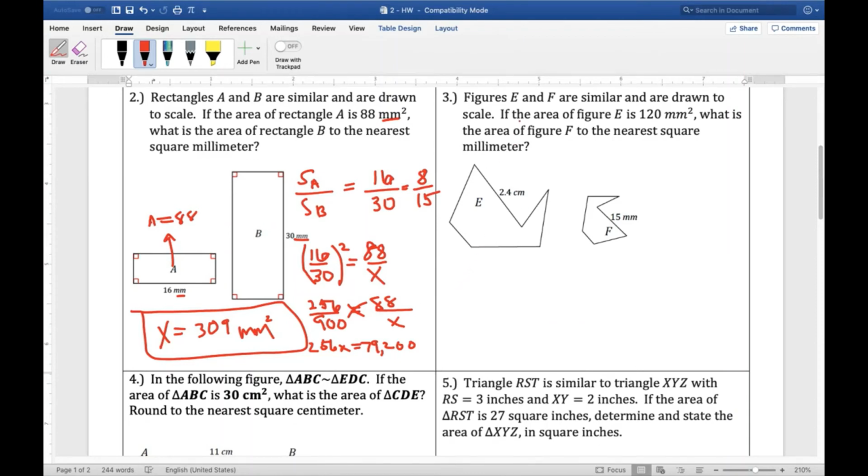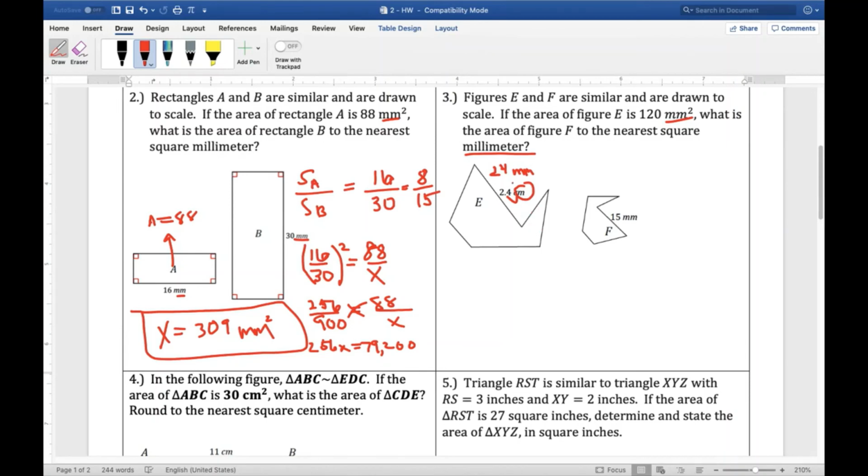Number 3. Figures E and F are similar, so they kind of look like two whales or something. I'm not sure what these are, but they're two polygons. If the area of figure E is 120 millimeters squared, what is the area of figure F to the nearest square millimeter? They want answers in millimeters, and notice how this one is in centimeters. When we travel from centimeters over to millimeters, we move the decimal over one to the right, so this is 24 millimeters.